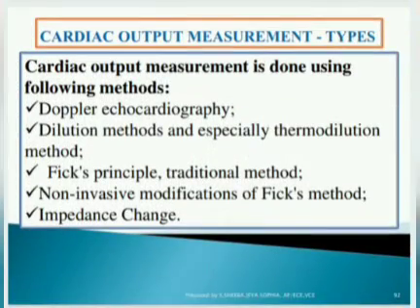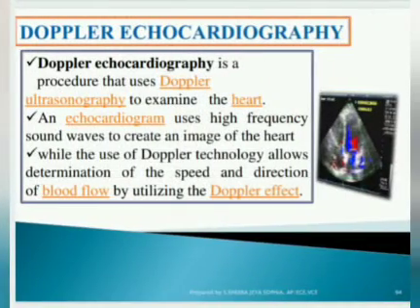And cardiac output measurements are done using the following methods like Doppler echocardiography, dilution methods, Fick's principle, which is the traditional method most widely used, non-invasive modifications of Fick's method, and impedance change method. This Doppler echocardiography is the procedure that uses Doppler ultrasonography to examine the heart.